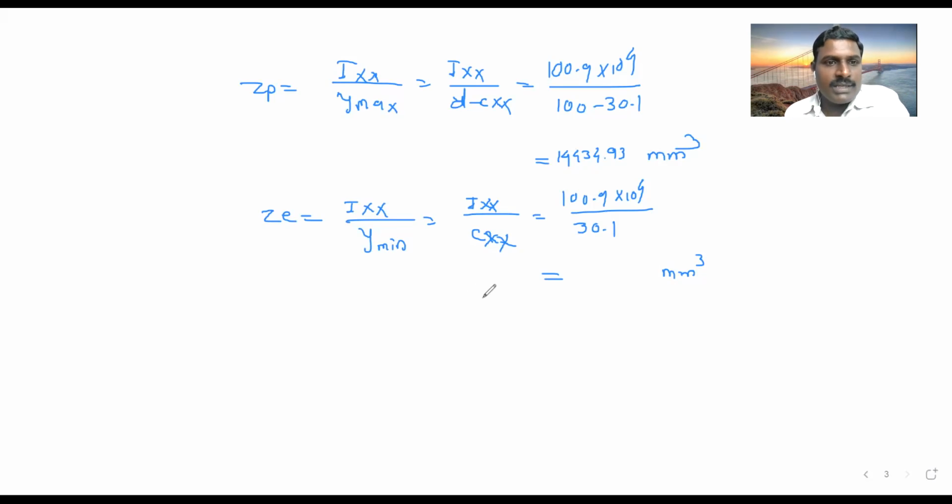So do the calculation and tell me the answer. 33,521.59. Okay. So we got the values of ZP and ZE from this selected section, ISA 100/75/6.